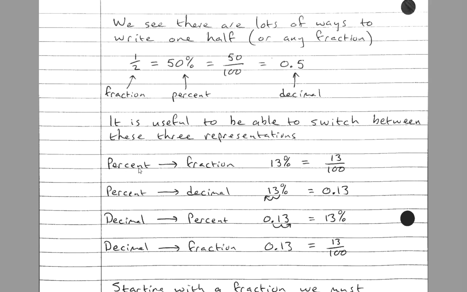All right, so if I give you a percent, it's easy to convert it to a fraction. Just put the number over 100, and then you get a fraction, so then there's no need for the percent symbol.